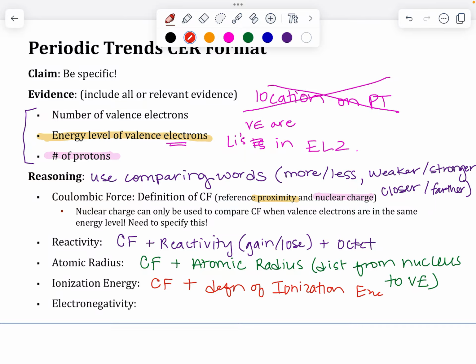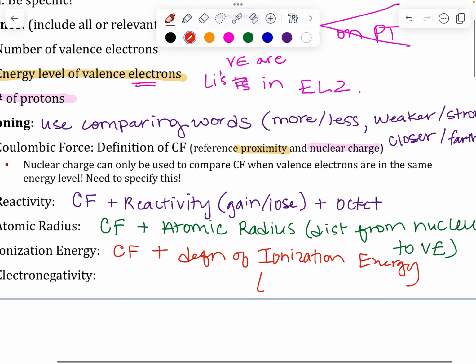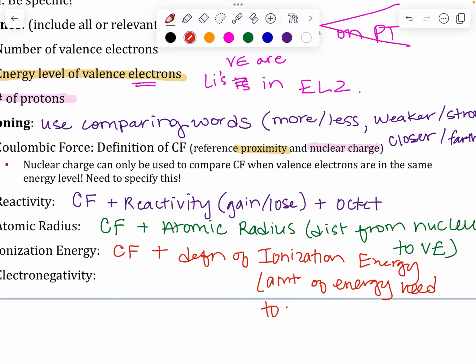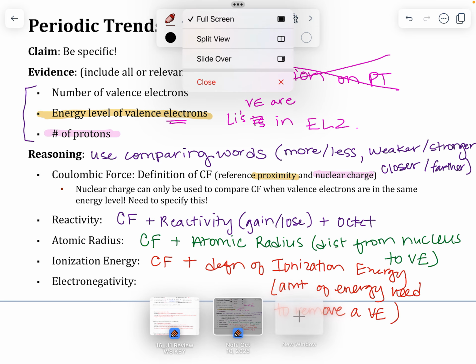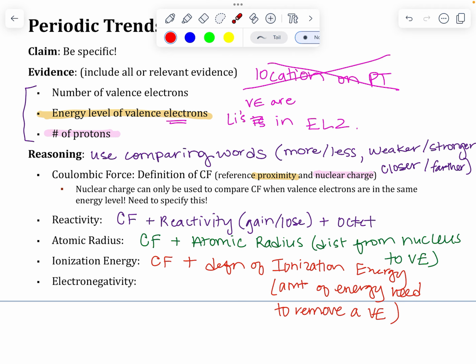That definition talks about the amount of energy needed to remove a valence electron. So discuss how a strong or a weak coulombic force impacts the amount of energy that might be needed to remove a valence electron.